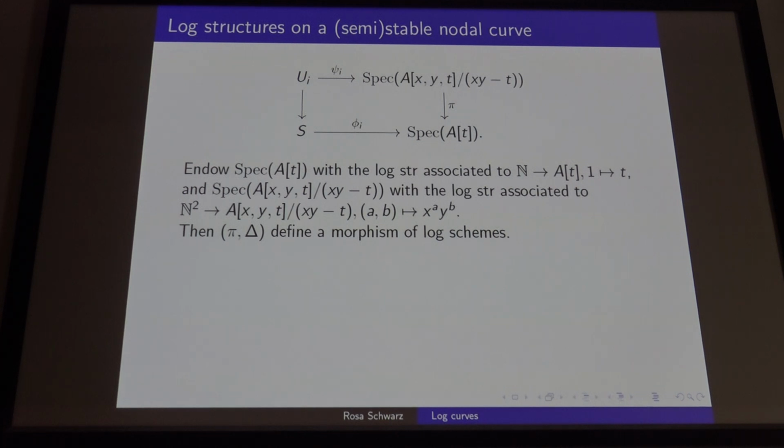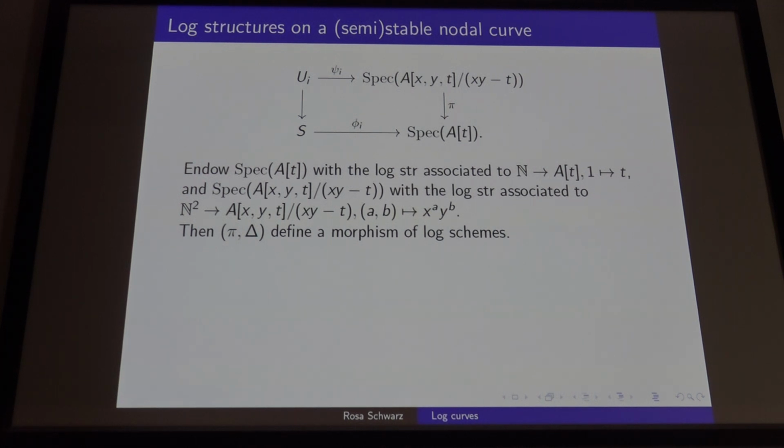And now the spectrum of A[T] and the spectrum of A[X,Y]/(XY-T) already have some natural log structures that we've seen coming back during this talk. So that's what we do.